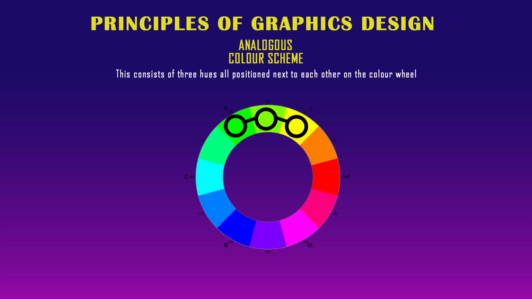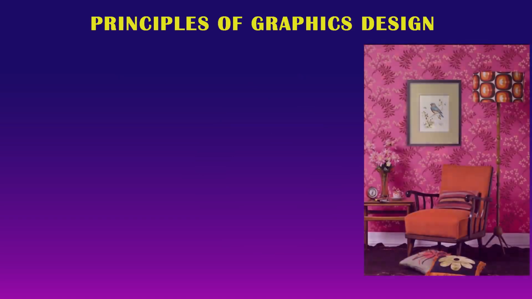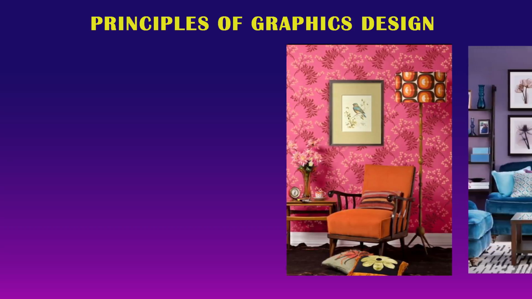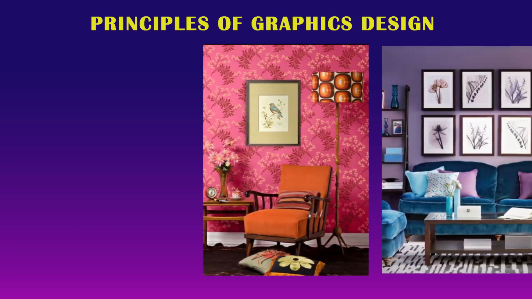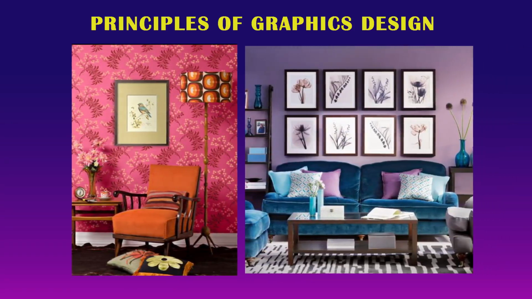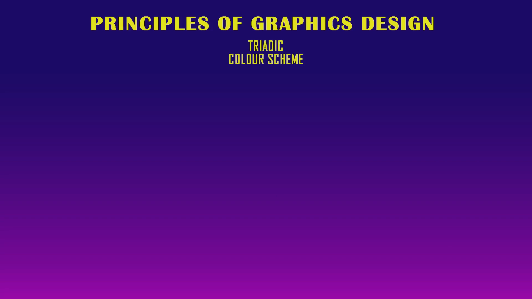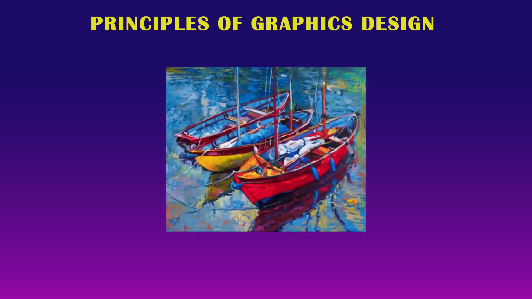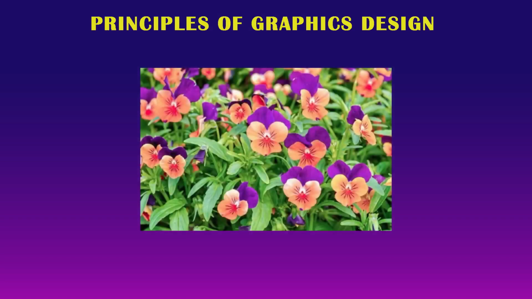This consists of three hues all positioned next to each other on the color wheel. They are widely used in decorating and interior design, and they give the eye a soothing effect. Going to the fifth one, triadic color schemes. These are combinations of three colors evenly spaced on the color wheel. They tend to be easier on the eye than complementary color schemes.